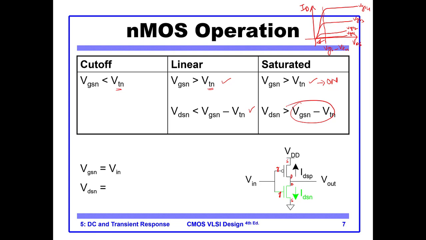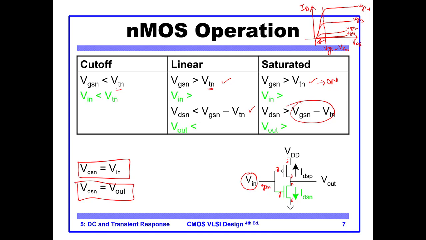So what about input and output? Because Vin is connected to VGSN, and we have this and we have this, basically all the above equations can be written in terms of the input and output.